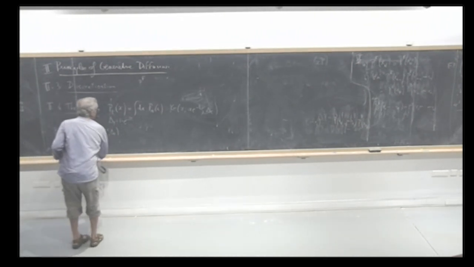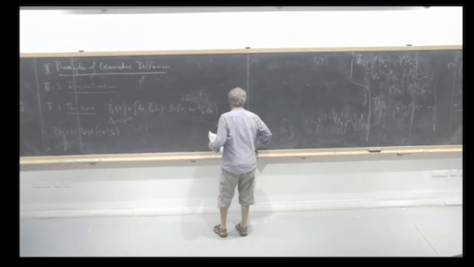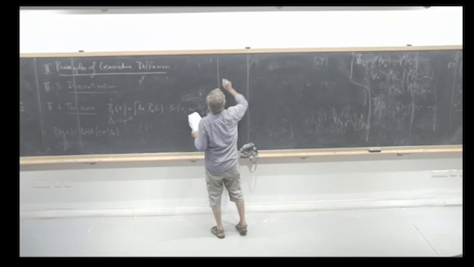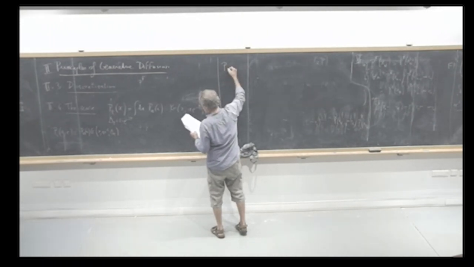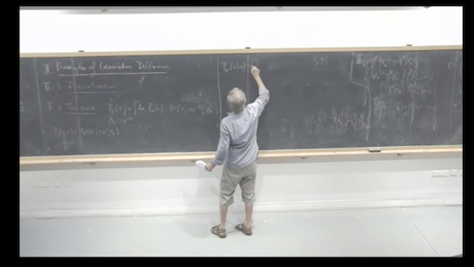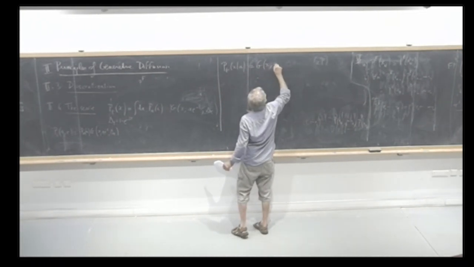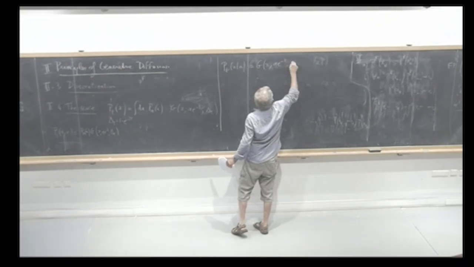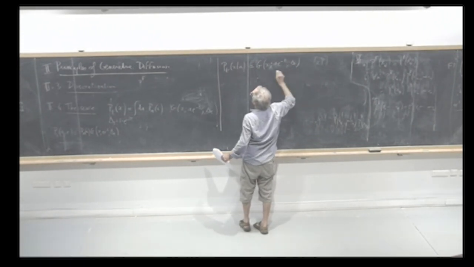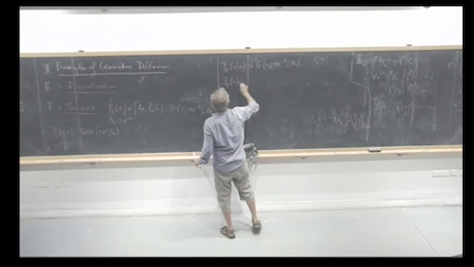So from this joint probability, we can deduce two conditional probabilities. I can deduce the conditional probability of x given A. That's easy. That is my Gaussian, a Gaussian distribution of mean A e to the minus t and variance delta t. And I can look at the probability distribution of A given x.